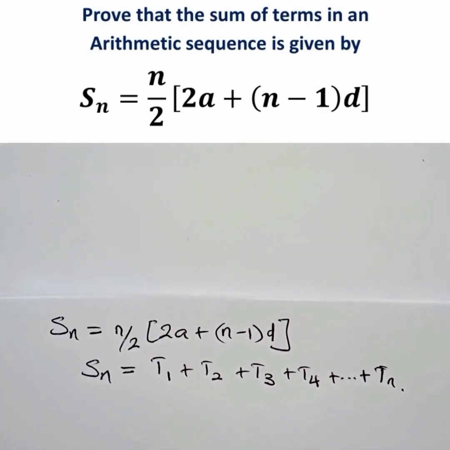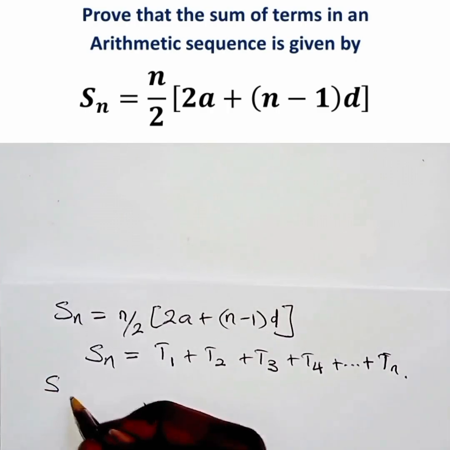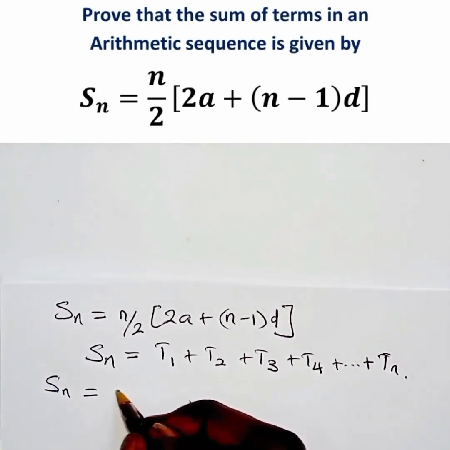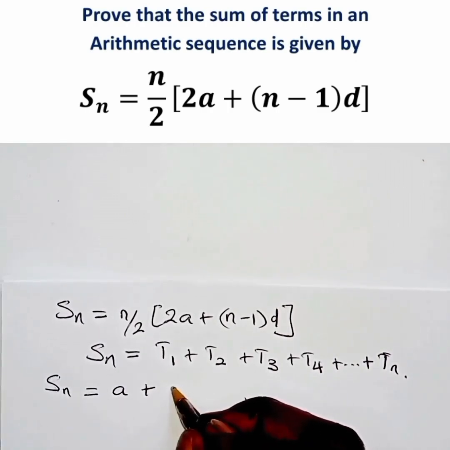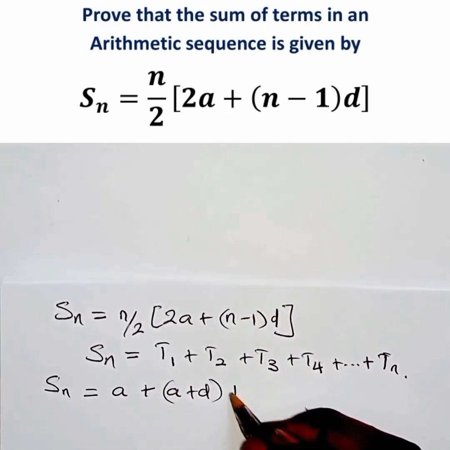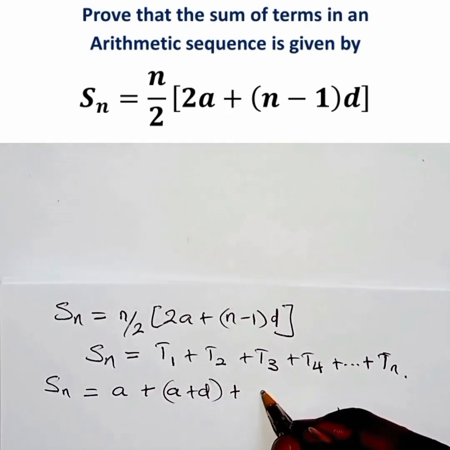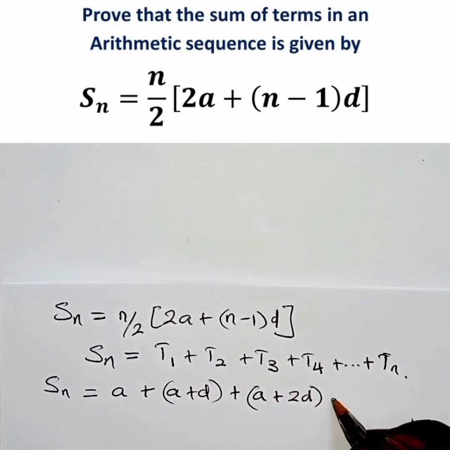All right. Now, if we are to write that sequence, we are going to have Sn is equal to the first term, plus the first term plus the common difference. And we move on to the other term, the third term, that is A plus 2D. Each time we're adding the common difference.